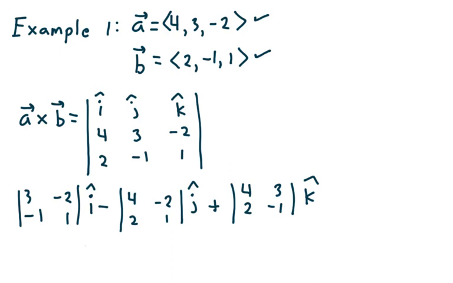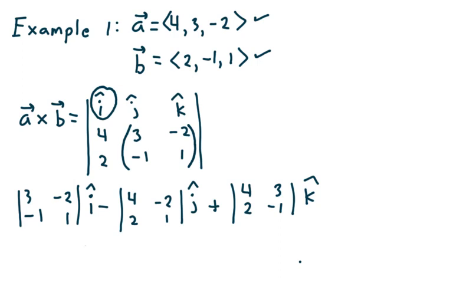Now, let's take i. I'm going to eliminate the row and the column that contains the i, and multiply by the determinant of the submatrix found, which is 3, negative 2, negative 1, 1. So notice how, again, I eliminate the row and the column that contains the i, and multiply by the determinant of this 2 by 2 submatrix.